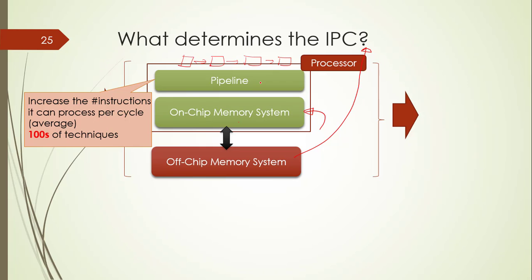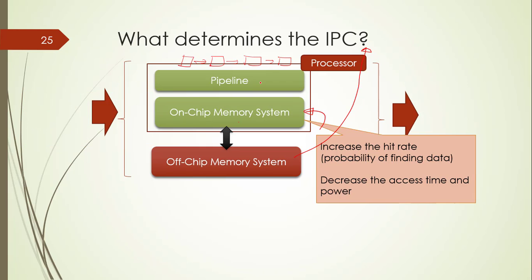Alright, so basically hundreds of techniques are there to make the pipeline more efficient. Hundreds of techniques are there to make the on-chip memory system more efficient, such that it can keep all the data that the pipeline needs close to it. It should not be far away, like off chip it is very far and very slow.